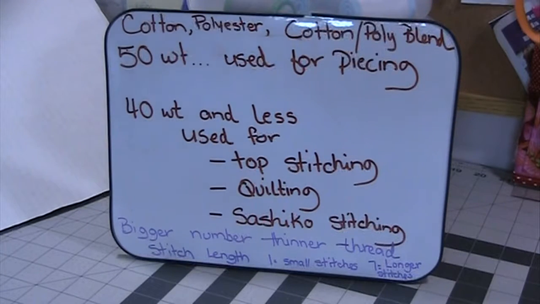So with that being said, I showed you how that quilt looked, and it really looked beautiful to me. And it was the first quilt that I ever made that didn't have puckers and unsightly looking stitching. I was quite pleased, and that was because for the top stitching or the quilting part, I was using 30 weight, and I used a number 4 stitch length.